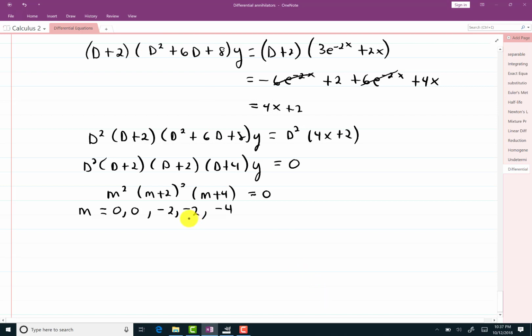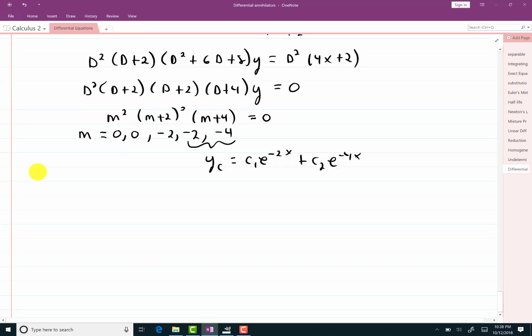So from these right here, I can form my y sub c. That'll equal c1e to the -2x plus c2e to the -4x. From the rest of these, I'm going to construct my y sub p.